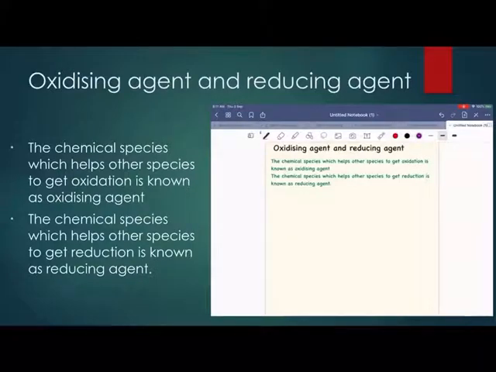We will take an example, a very famous displacement reaction. We are writing the oxidation states.